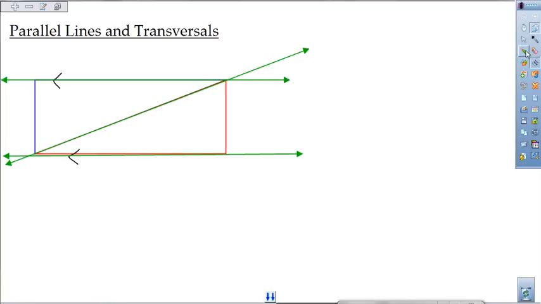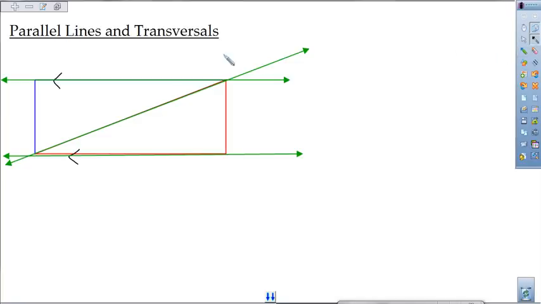Okay, if you look, we can see this is the interior, right? This is the interior, and over here we've got exterior angles over here and exterior angles over here. Notice in our rectangle that all the angles that we want to work with are interior angles. So we're not going to worry about the exterior. We're going to work on the interior angles.